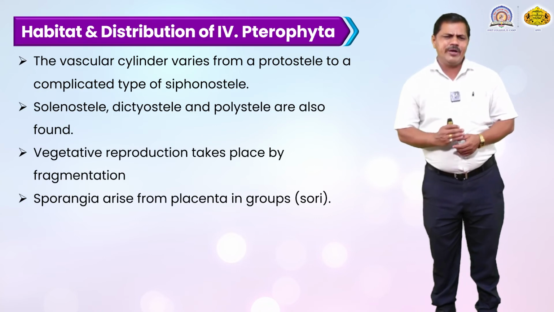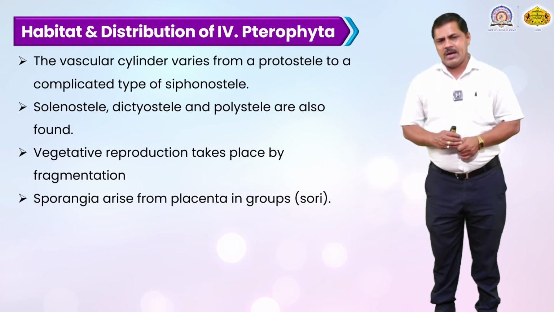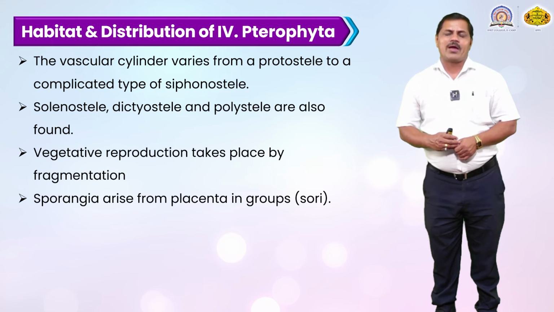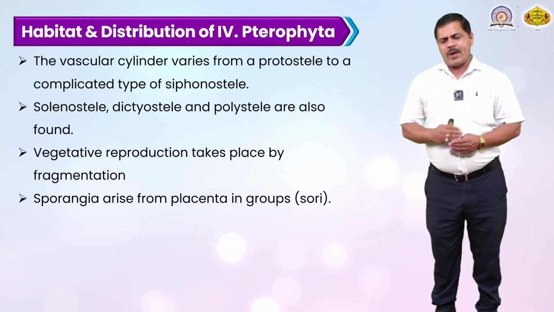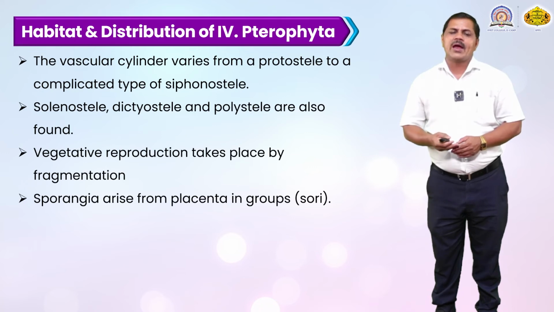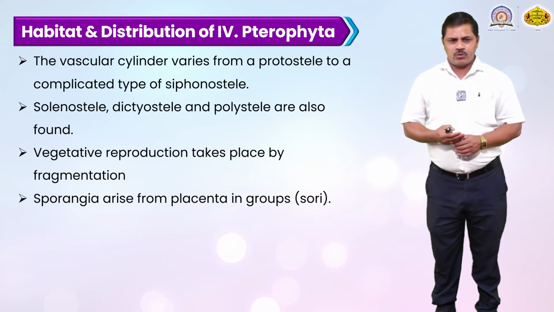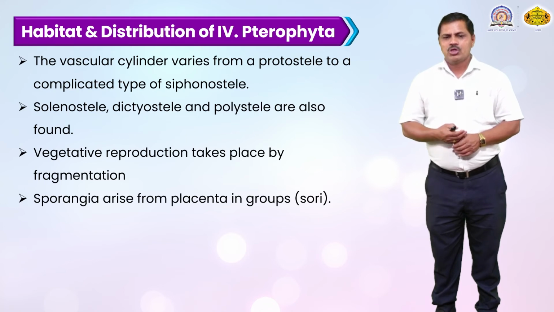The arrangement of xylem and phloem differs in different species, and hence this arrangement is called solenostele, dictyostele and polystele. Vegetative reproduction takes place by fragmentation. When a branch is fragmented, each branch can propagate under favorable conditions into a new individual plant. It is called vegetative reproduction.